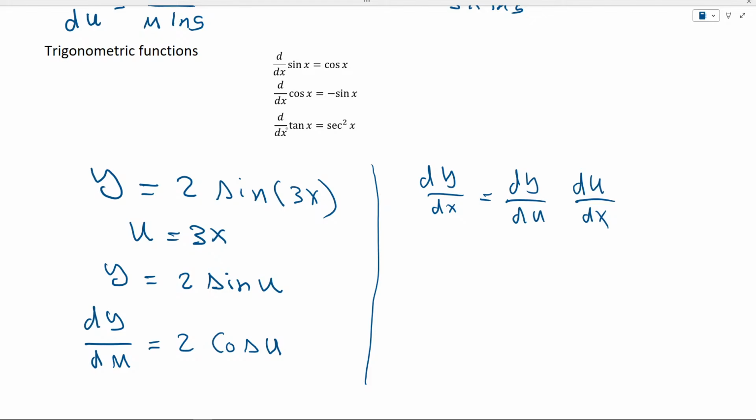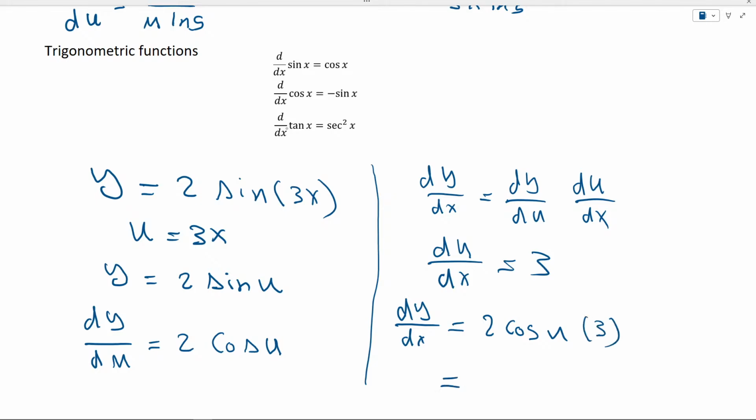So du with respect to dx is equal to 3. Here dy with respect to dx would be equal to 2 cosine u times 3. I can substitute u with 3x, so that would be 6 cosine 3x. The final answer is 6 cosine 3x.